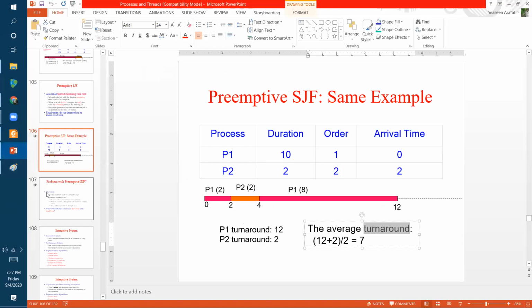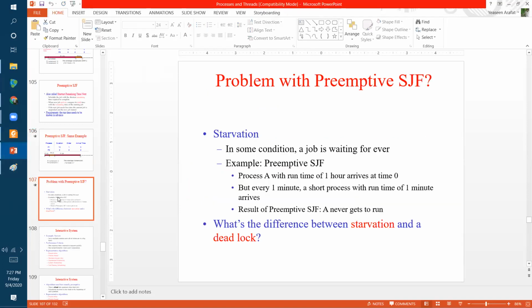So now here comes the very fun part: the problem with preemptive SJF. Let's think.